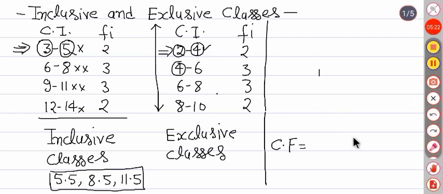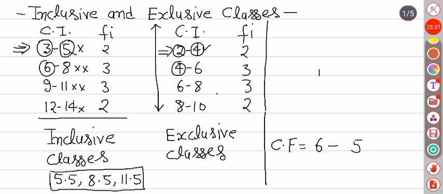So you will write here 5, and you will subtract it from the lower limit of the next class. That means here. And you will divide it by 2. So 6 minus 5 upon 2, and definitely that would be 0.5.